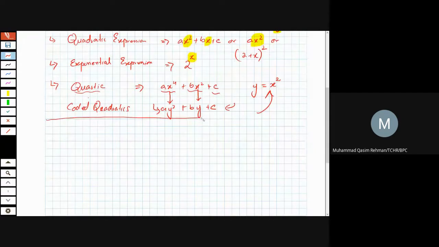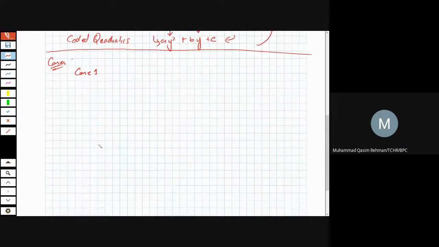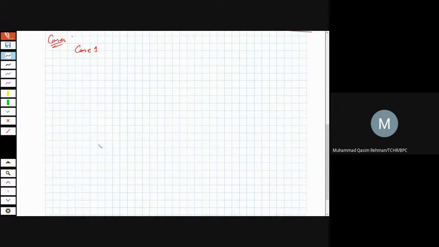Okay, now jumping to the cases. Case one, you get a question and they ask you to factorize it. I want you to write down these cases on a separate piece of paper so that you can refer to these cases before factorizing the question. Case one is whenever you have two terms and you have a positive sign between them, you always take a common.